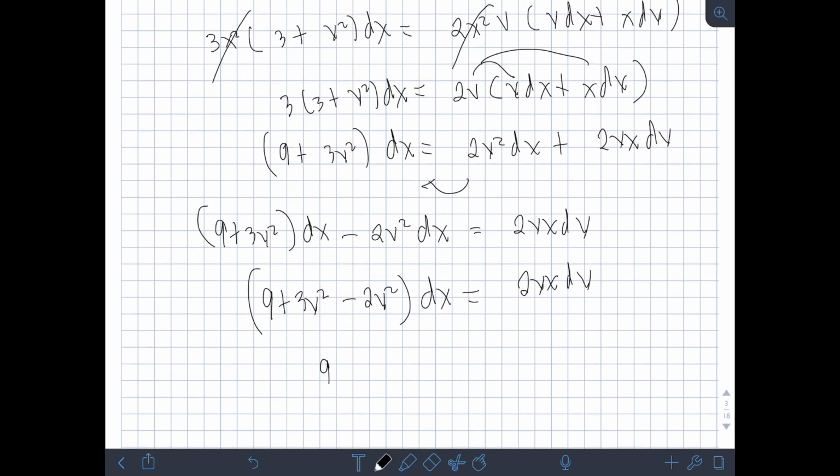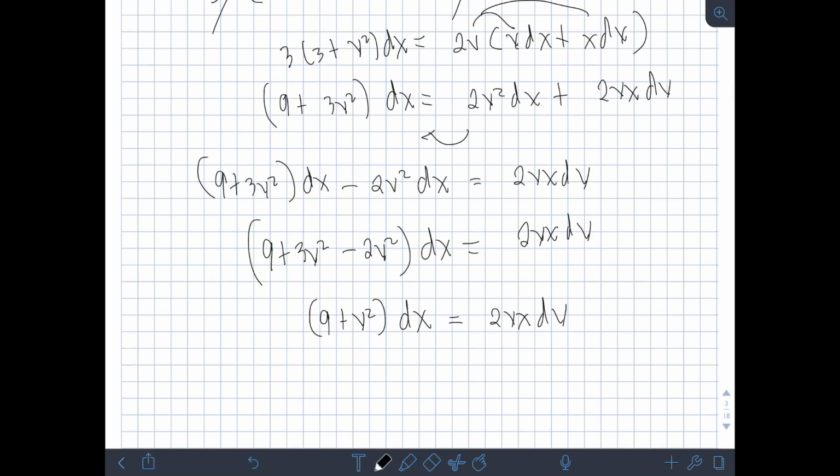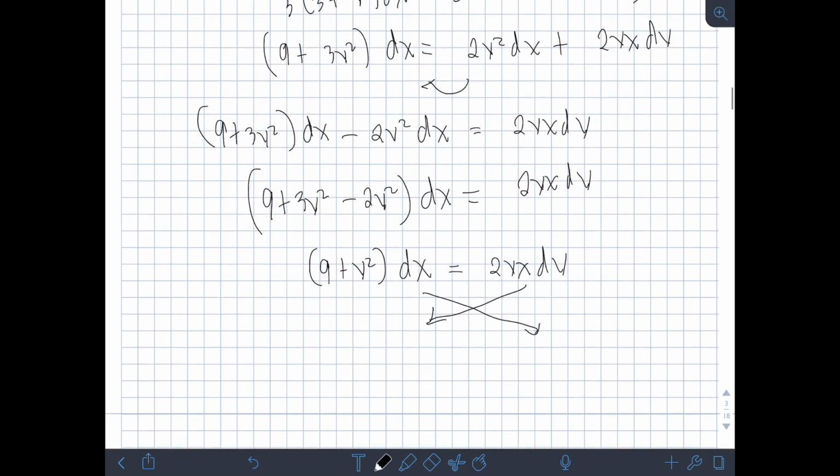So, magiging 9 plus v squared dx is equal to 2vx dv. So, magiging separable na siya, right? So, cross-multiply ko dito si x. Cross-multiply ko si 9 plus v squared. So, dx over x is equal to 2v dv over 9 plus v squared.